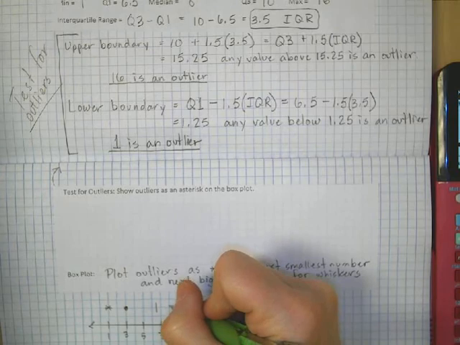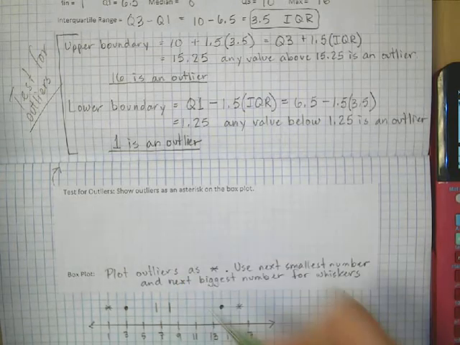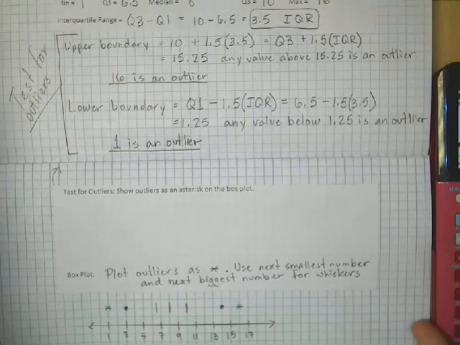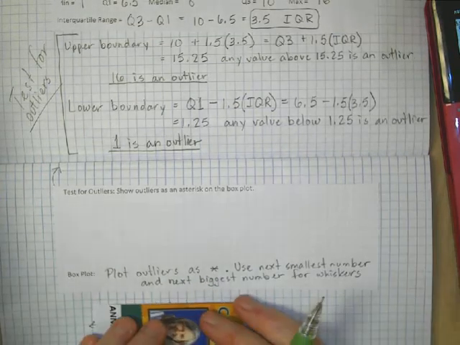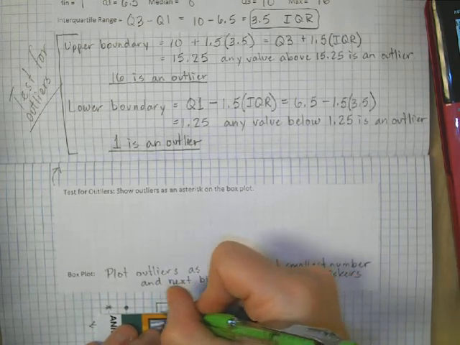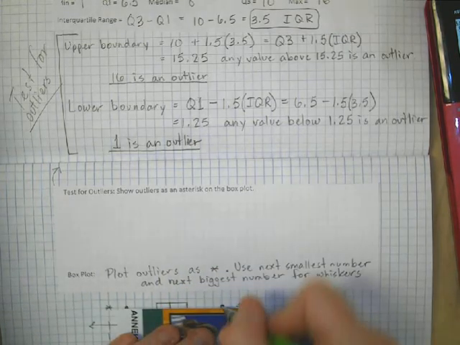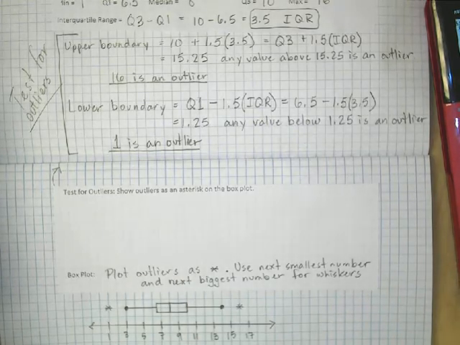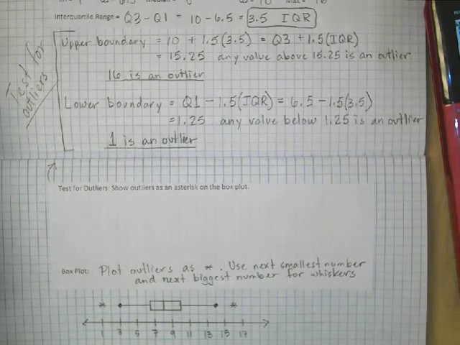That would be right here. And my Q3 was 10. That would be right here. Let's go ahead and try and make that a little cleaner. Make my box and my whiskers. There it is.